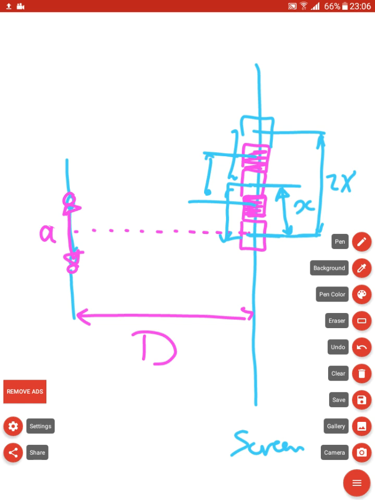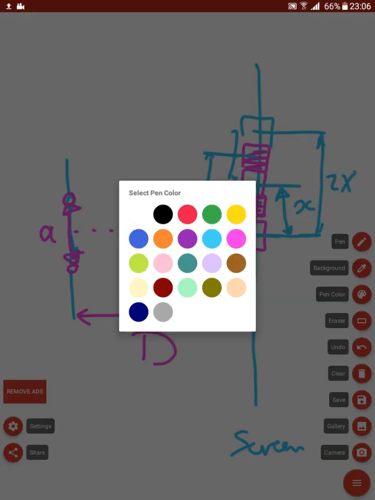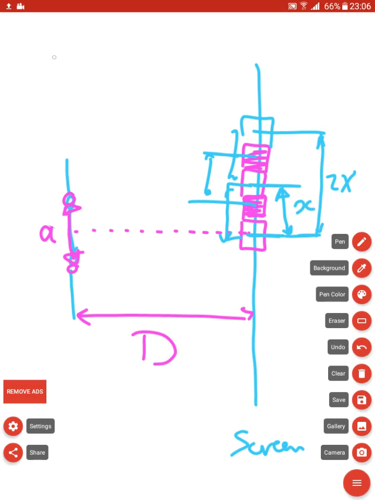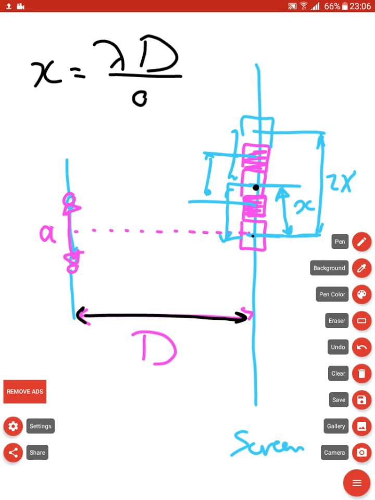So we have a relation: the distance of the first bright from the central bright is x equal to lambda multiplied by D, the distance between the screen and the slits, over a, which is the distance between the two slits.